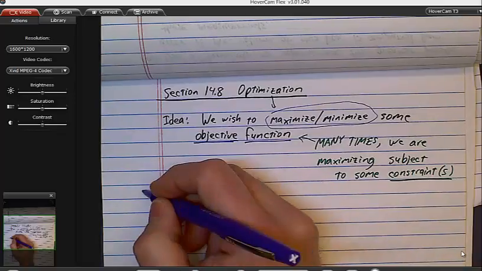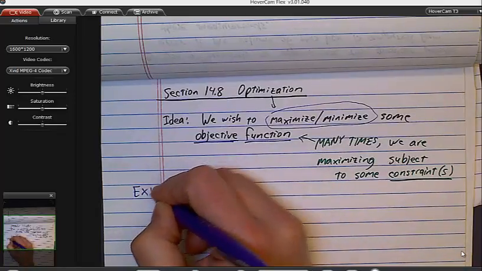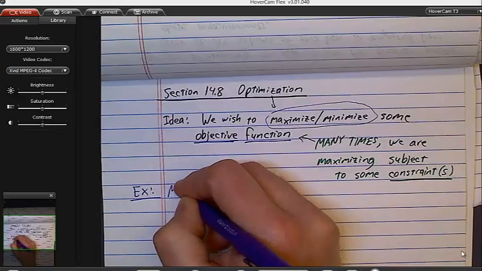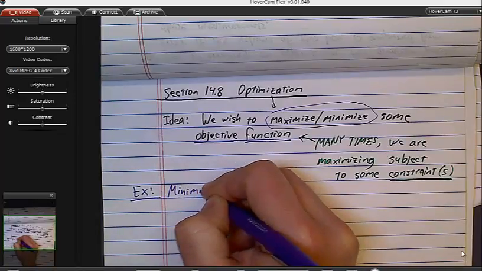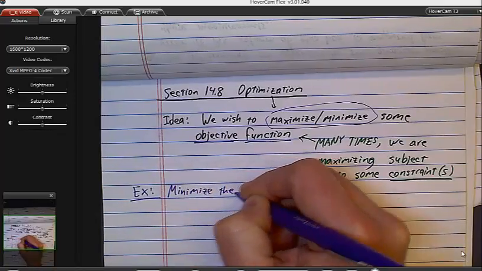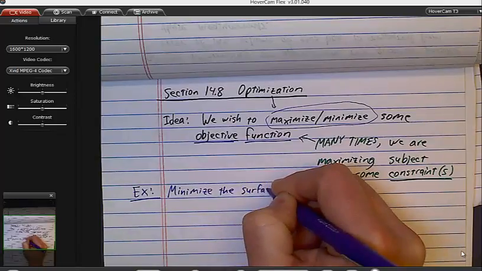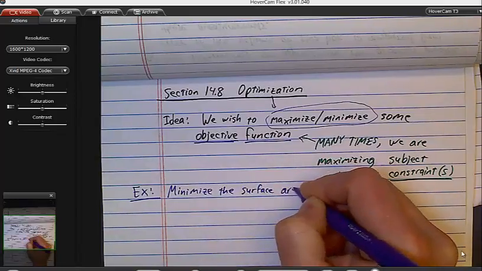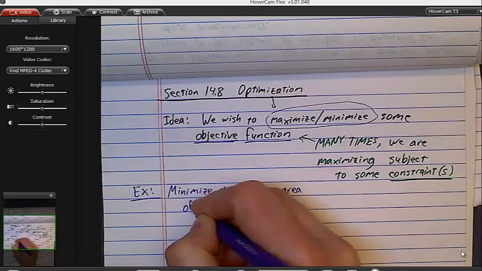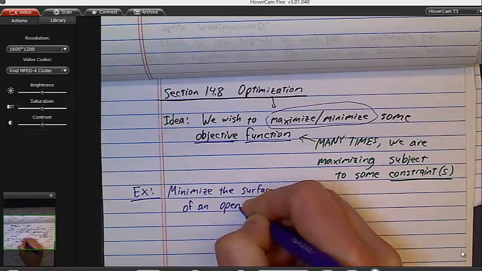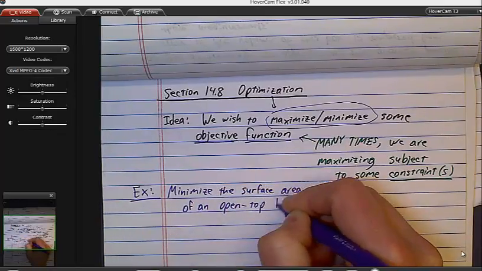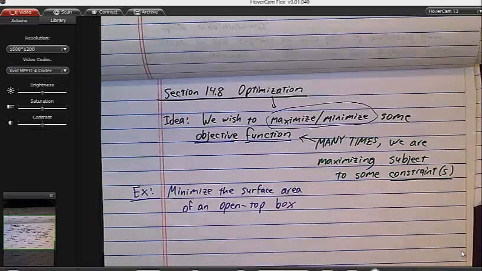So my example I thought I would do is going to be a minimization problem. I'm going to try and show you how we can minimize the surface area of an open top box. Okay, so what do I mean by this?